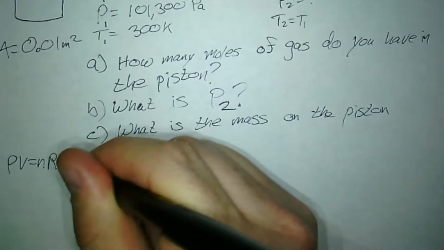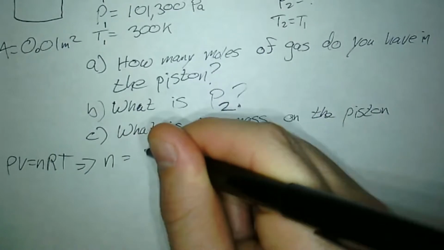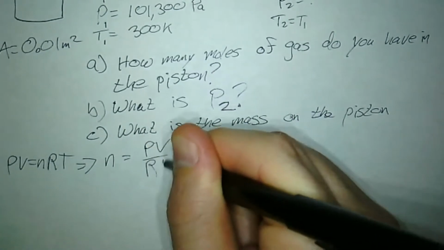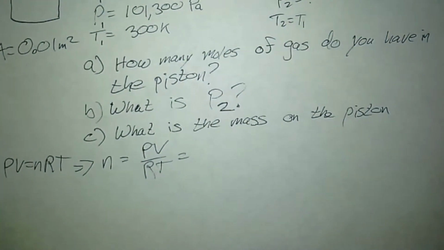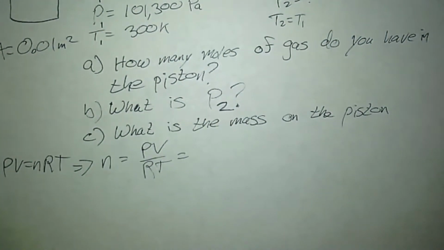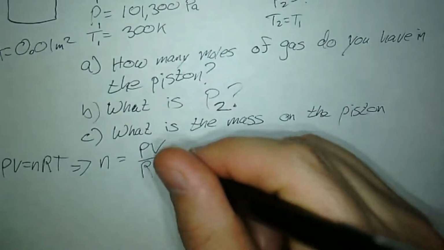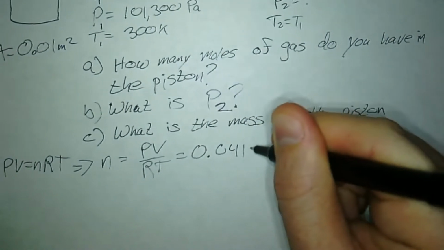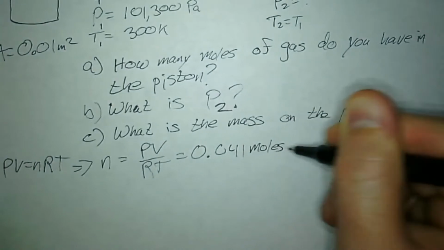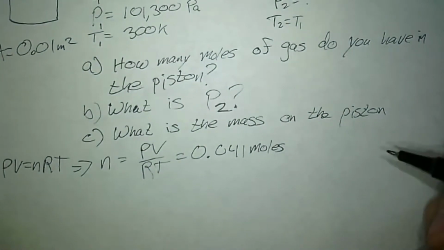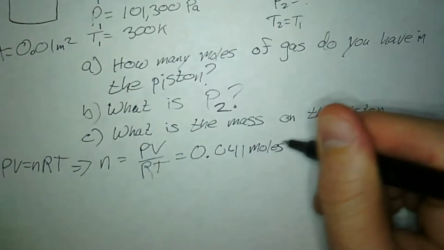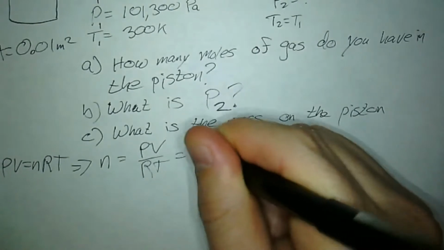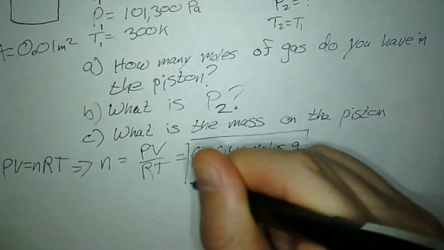So we know that n equals PV over RT, and we're just going to put in numbers. I'll pause it while I do the calculation so you don't have to watch. And that is going to be 0.041 moles. Okay, and that is part A. So we'll say n equals that for our notation.